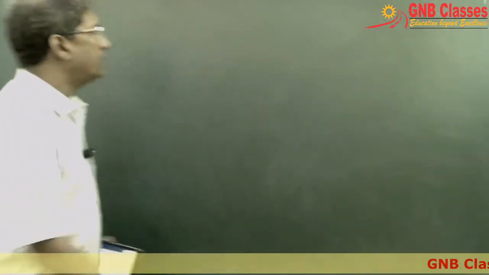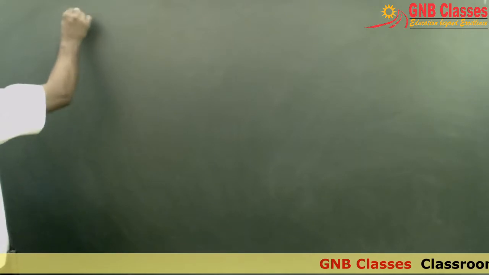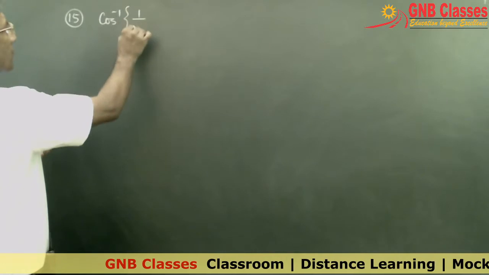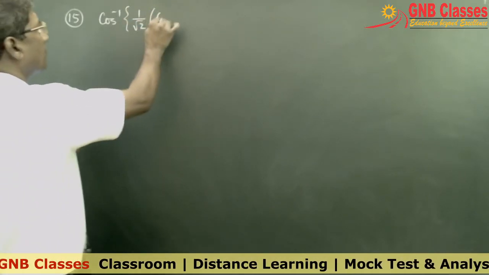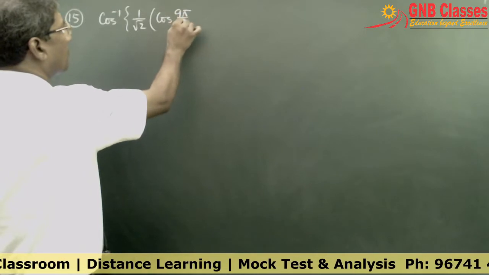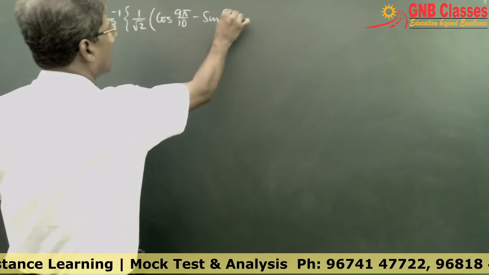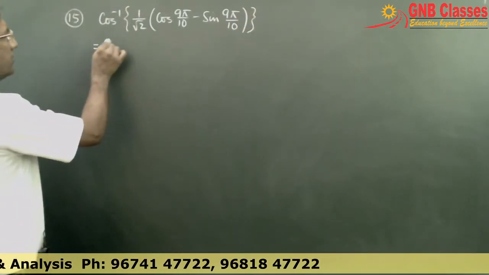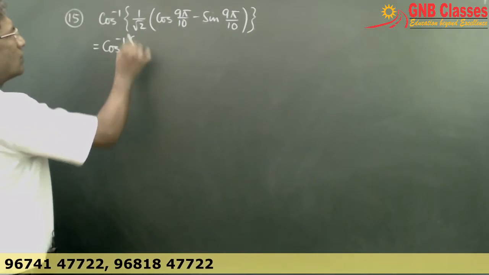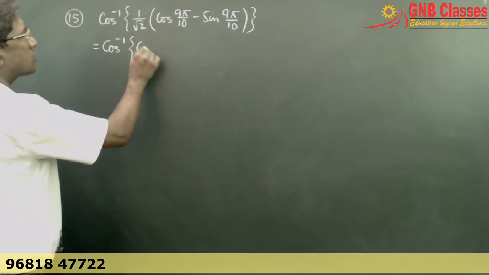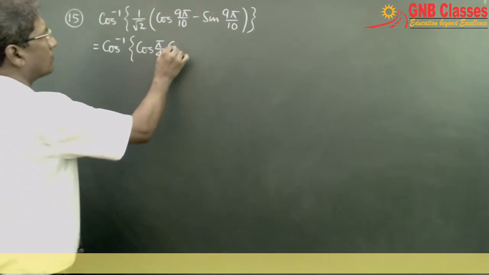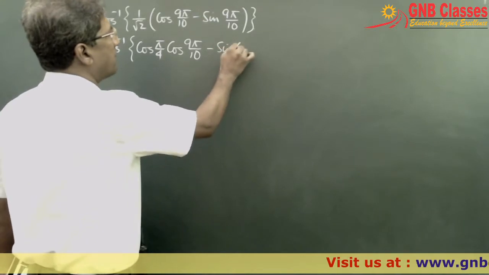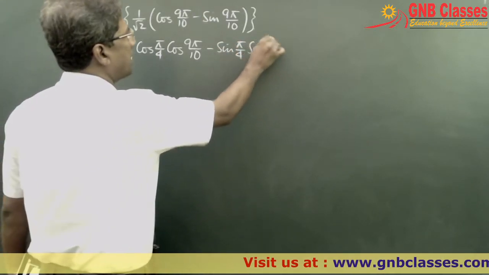In question number 15, they have given us to evaluate this. So for this one we are doing 1 by root 2, I am replacing it by cos pi by 4, minus again sin pi by 4 sin 9 pi by 10.